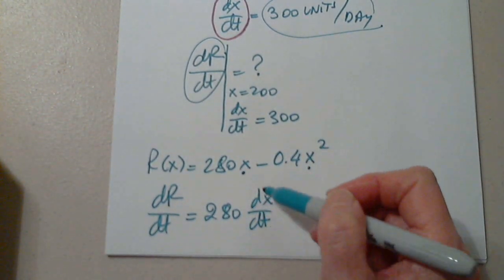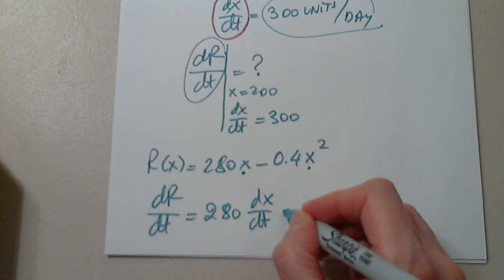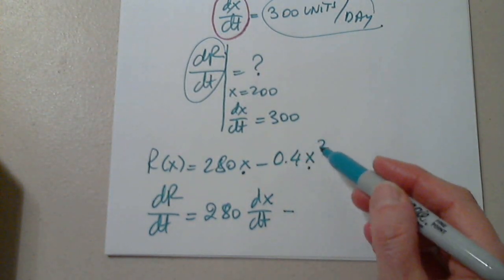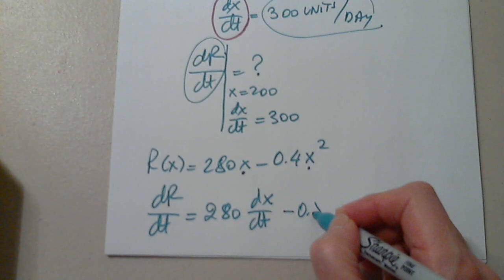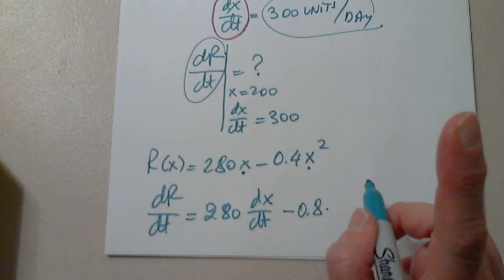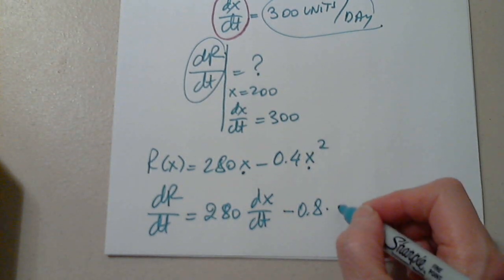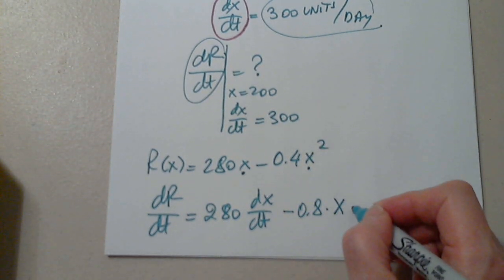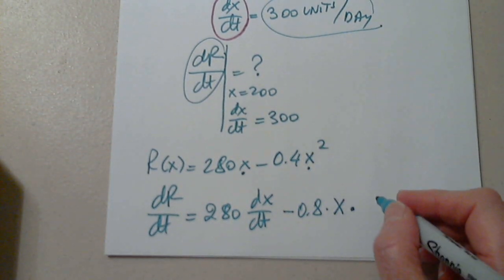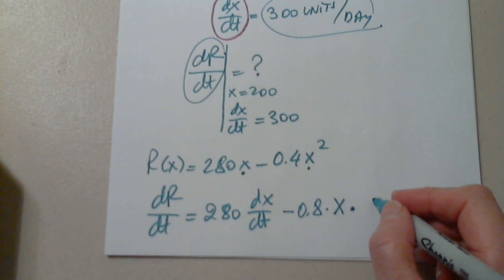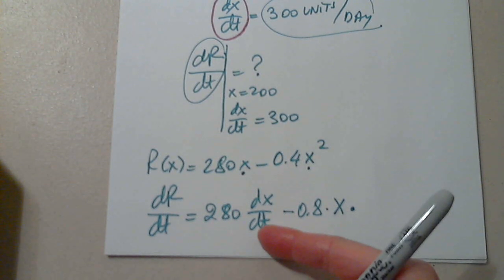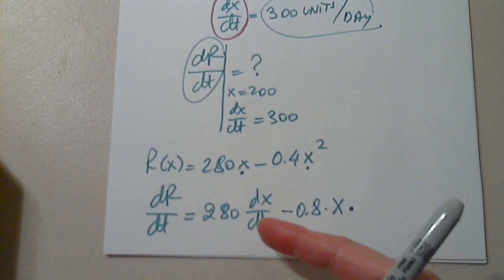Yes, dx over dt. Very good. Minus 0.8, dx over dt. Subtract 1 from the power first. X. Very good. Times the inner function prime. 1. Oh, dx over dt.